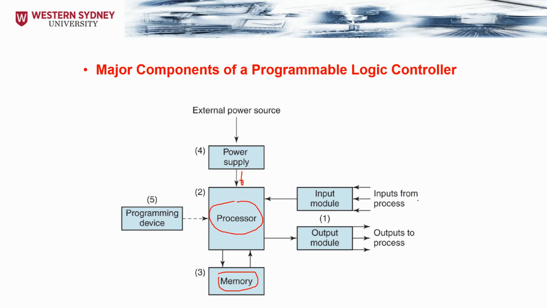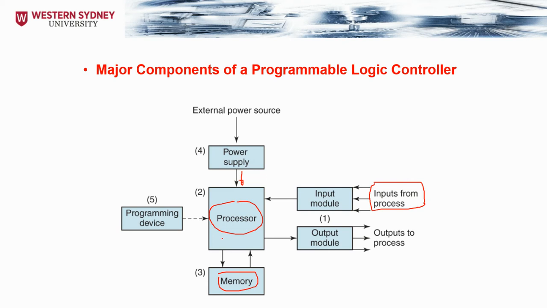First, we're going to have inputs from the process, for example the temperature, or the velocity, or the current. This will be read from the sensors through the input module, and the input module is going to change the analog value to a digital value and send it to the processor.